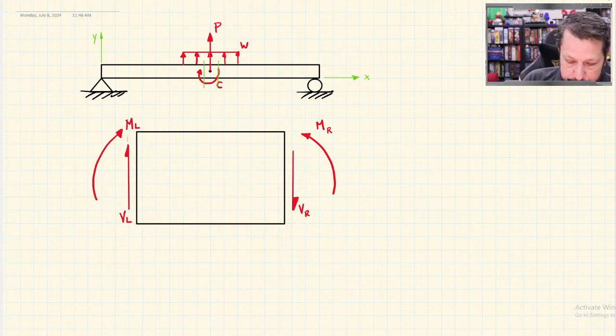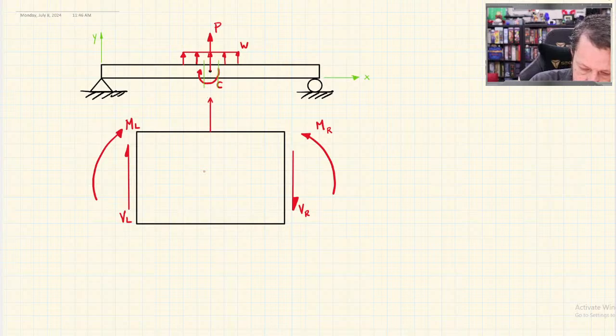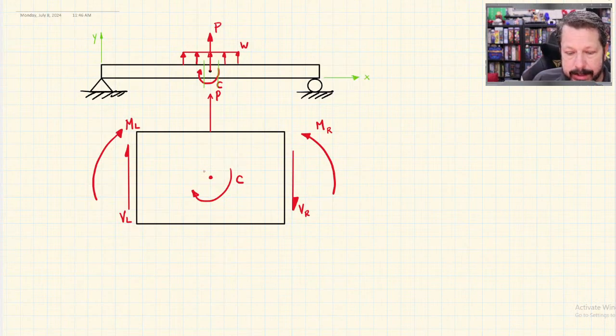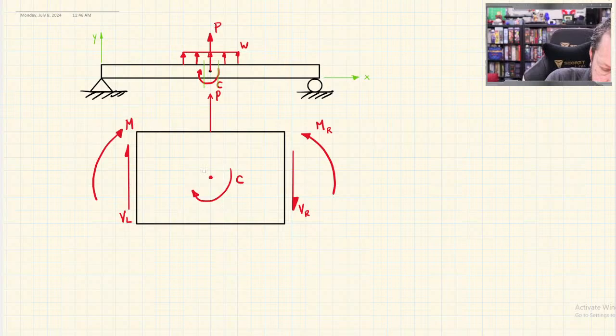Okay, I also have a point load. I will put that here. I also have a concentrated moment, which I'll put kind of at the center here. And I have that distributed load. Again, the distributed load could be any random shape. It doesn't have to be nice and evenly distributed, but I guess my ML is going to overlap, isn't it?